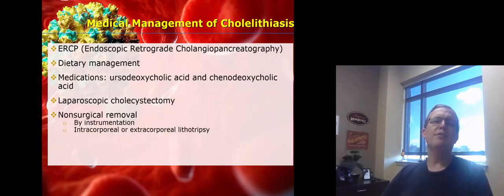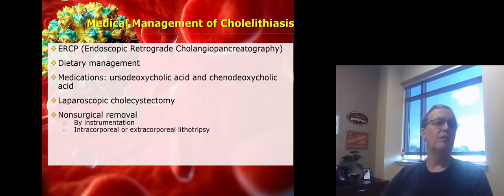Now, how we're going to treat this: if we have gallstones that are occluding either the cystic duct or the common bile duct, and we have to go after them, we'll do a procedure called an endoscopic retrograde cholangiopancreatography. So basically, we're going in and looking into the gallbladder and pancreas supply and drainage system, primarily the cystic duct and the common bile duct.